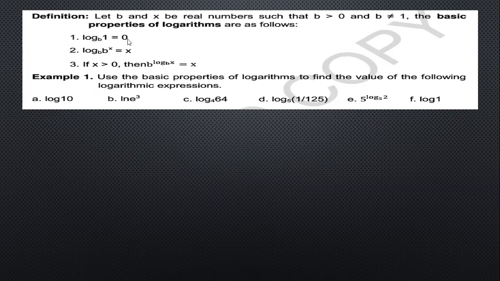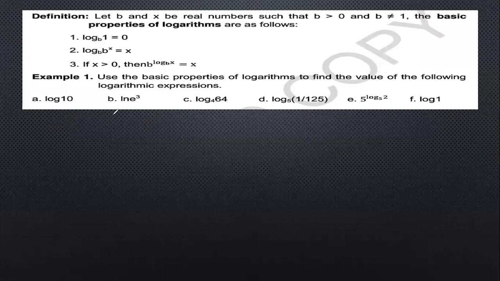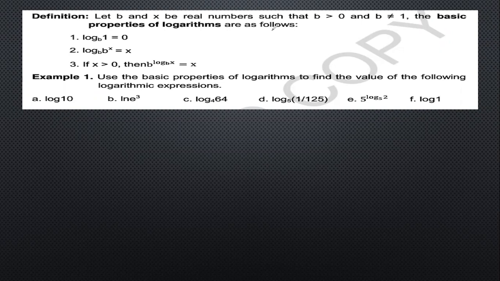First, if you have the logarithm of 1 in any base b, it is just equal to 0. Why is it true? If you remember in our previous video, in converting logarithmic to exponential form, the very first thing we do is copy whatever number is here.